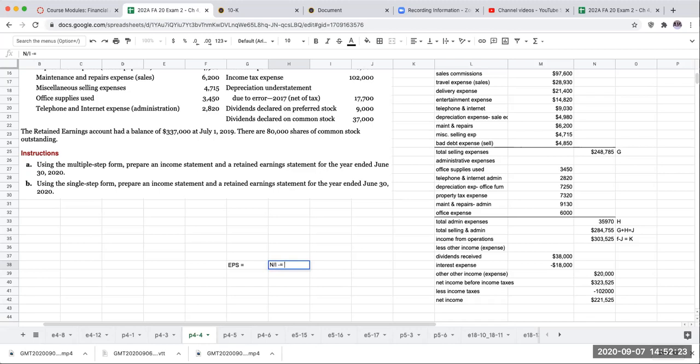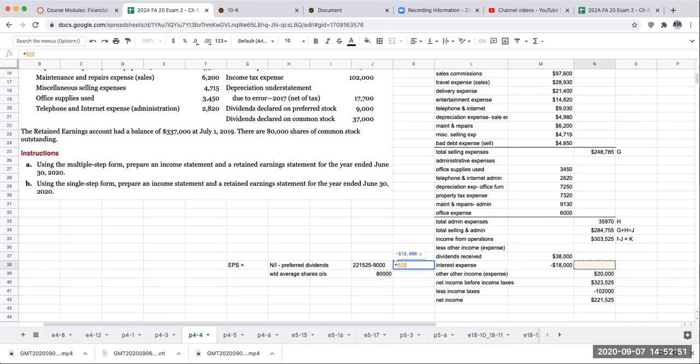net income minus preferred dividends divided by the weighted average shares outstanding. Okay, the net income after tax is $221,525. My dividends declared on preferred stock is 9,000. Dividing by my weighted average shares outstanding of 80,000.